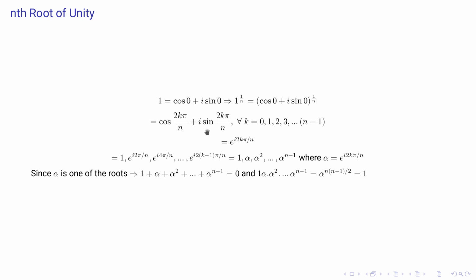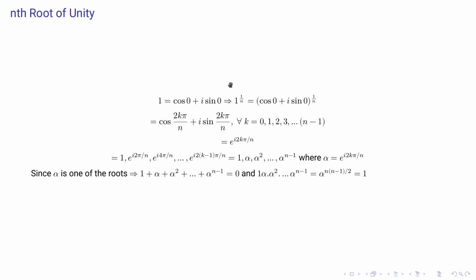Now, the reason I'm trying to explain how we have written this is because new students who have not studied trigonometry will find it hard to understand. Suppose you have x, y coordinates here, and cos 0 is 1 and sin 0 is 0. If you rotate this by angle 2 pi, it will again lie in the same place.